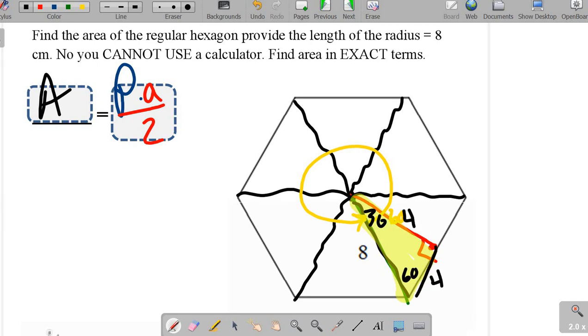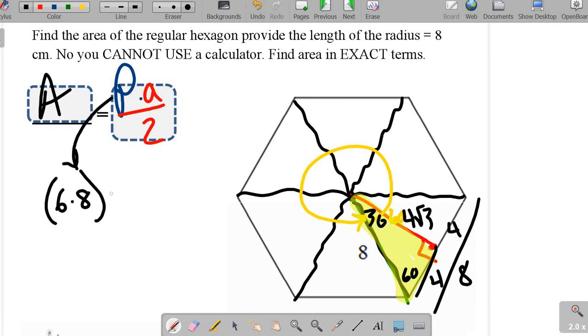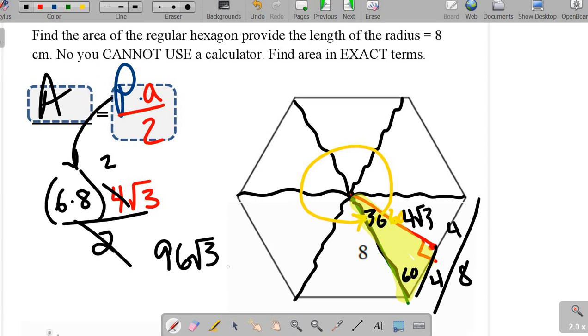That's 4 root 3. Our side length is 8. Therefore, your perimeter is going to be 6 times 8 times your apothem, which is 4 root 3 over 2. I'm going to take the 2 into the 4. So that's 6 times 8, that's 48 times 2, that's 96 root 3 units squared equals the area.